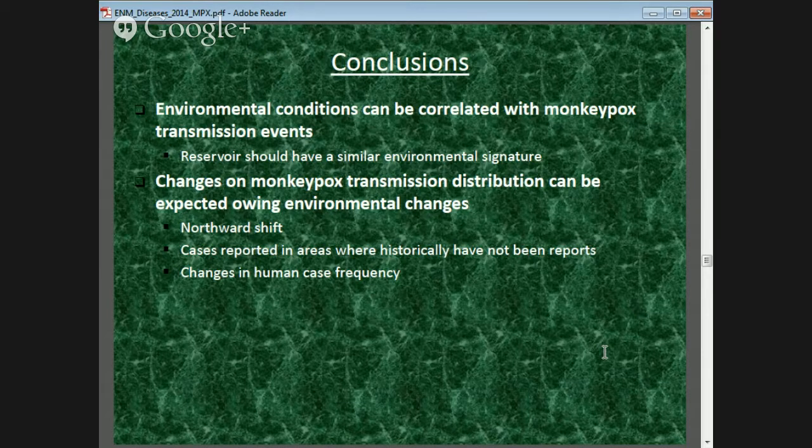Besides having that, there is an increase in the susceptible population of humans that comes from the lack of vaccination against smallpox.